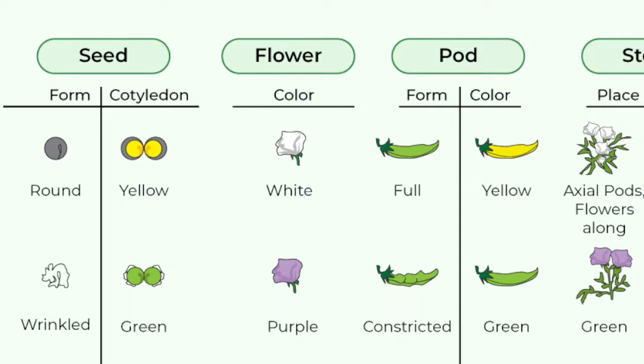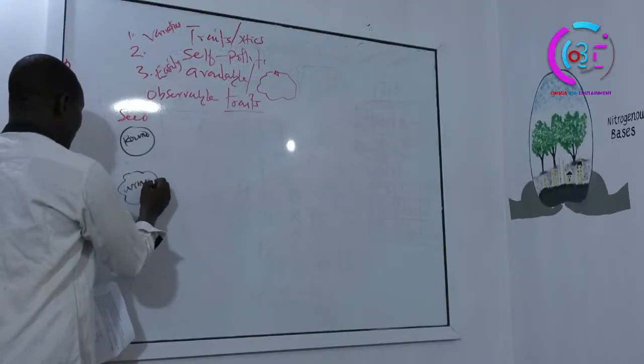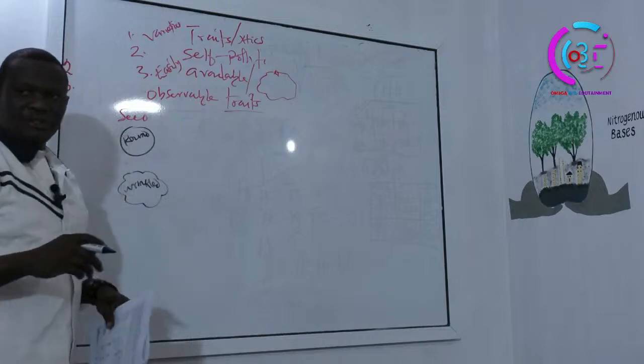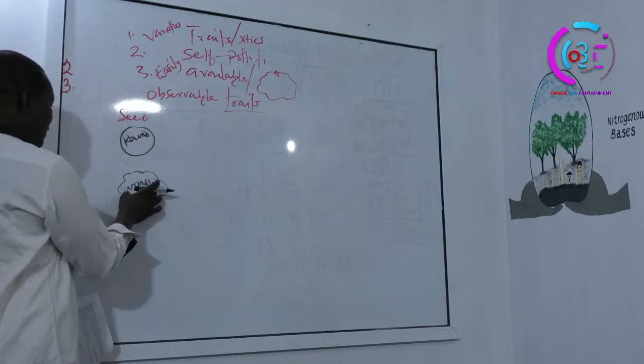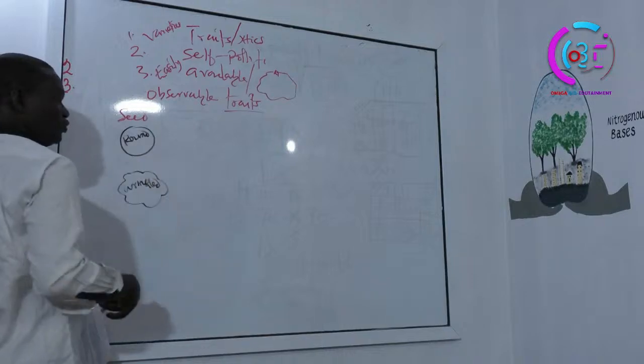So the round is going to be dominant. The seed will come out either round or wrinkled, so that this is going to be the allele. Wrinkled seed is going to be an allele to round.